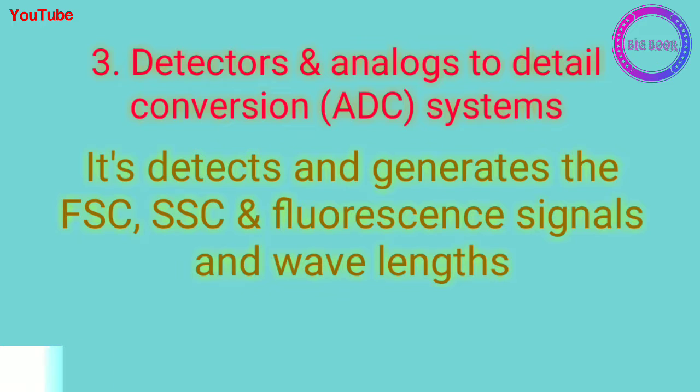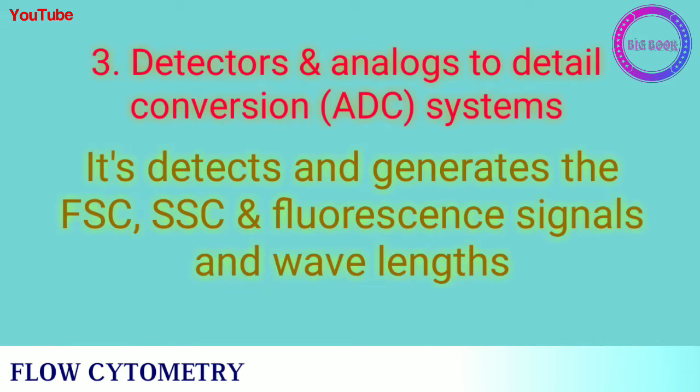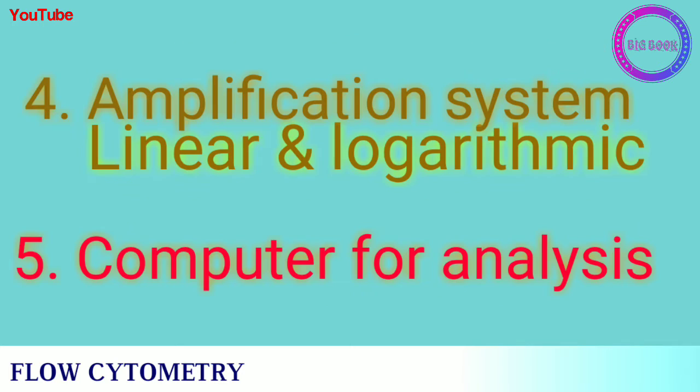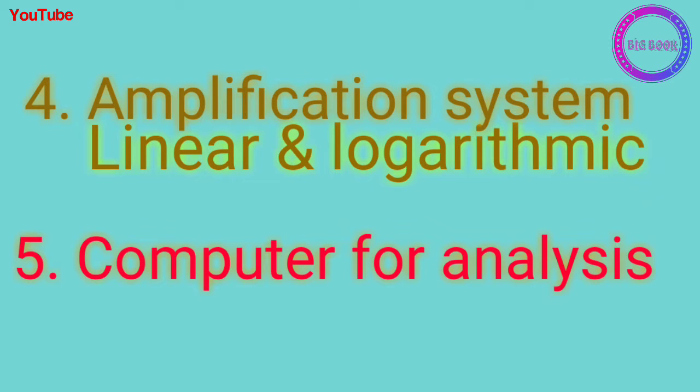Here it detects and generates the forward scattered light, the sideward scattered light, and fluorescent signals and wavelengths, which are combinedly passed to the fourth component, the amplification system, which is linear and logarithmic. All the signals will be sent to the amplification system by the detectors, and those amplification systems will send the particular signals to the respective parameter.